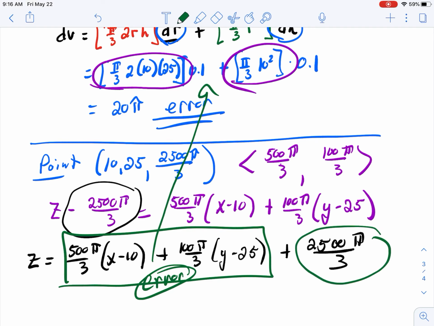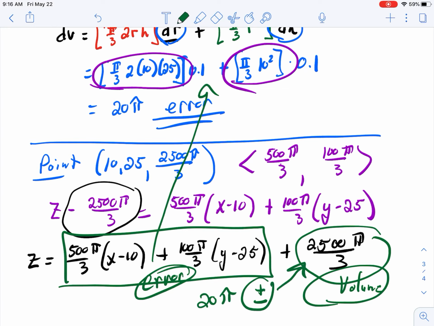Here's my actual volume, that's what my volume is without my error factor. So you had your 20 pi here, and it's going to be plus or minus what we have there. Actually, the plus or minus should be with this. That should be a plus. There you go. So plus or minus 20 pi plus what your volume is.